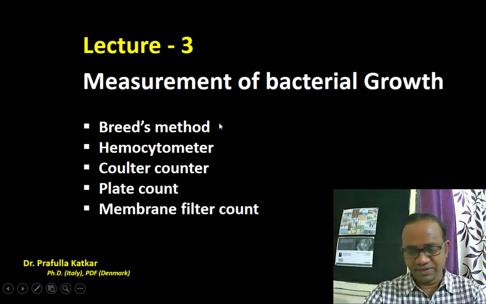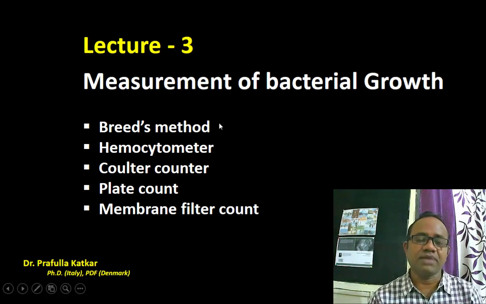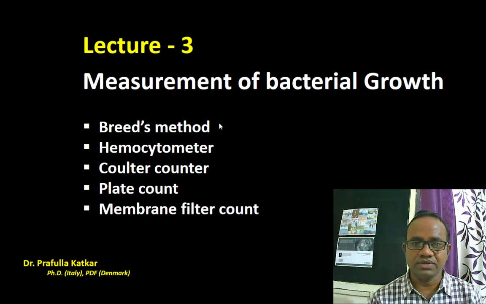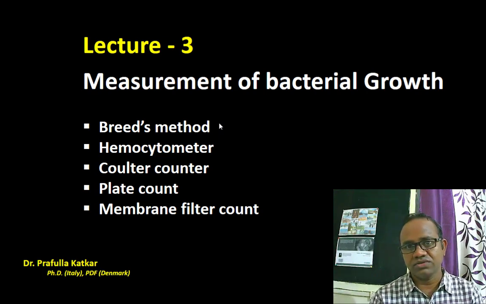In the Breed method, we count based on the number of microscopic fields in the area of the smear. Hemocytometer is a glass slide on which squares are marked, and we can count the cells in each square. Coulter counter is an electronic apparatus which digitally counts the cells according to laser light detection.